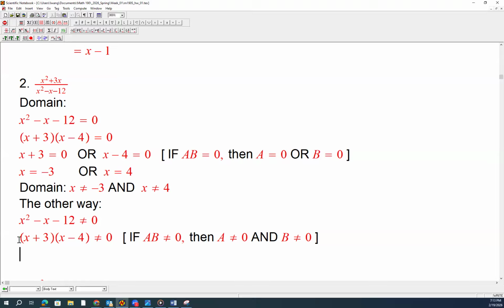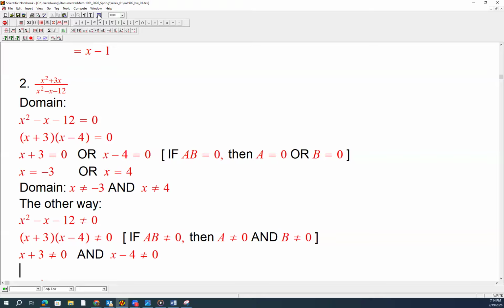If the product is not 0, then x plus 3 cannot be 0, and x minus 4 cannot be 0. Only when both are not 0 can the product be not 0.